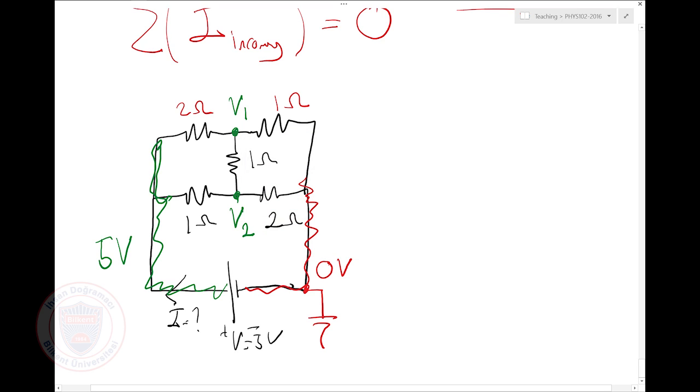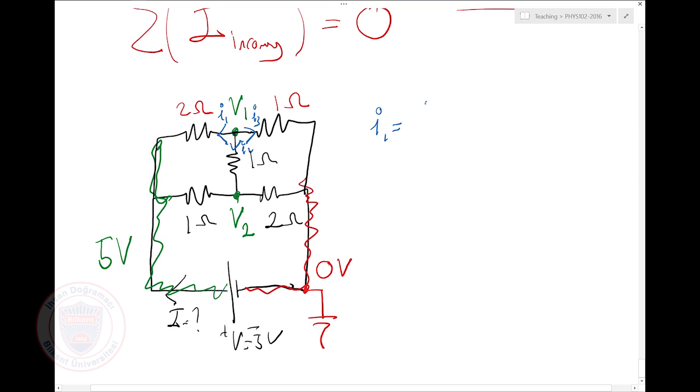Now, let's look at the node here. I'm going to look at all the currents going out from that node. I'll call this I1, I'll call this I2, and this one I3. What is I1? The node here is at V1. The other end is at 5 volts.